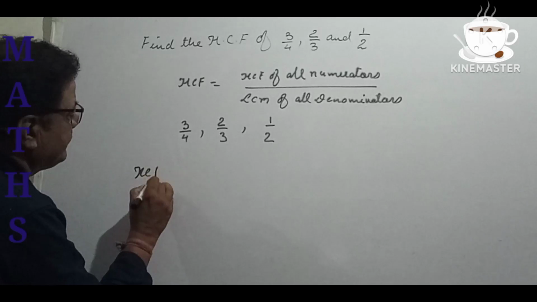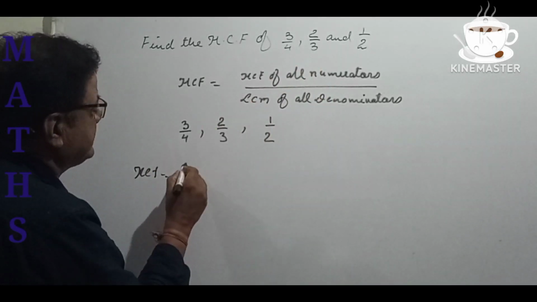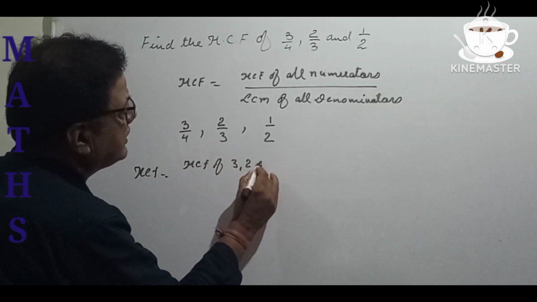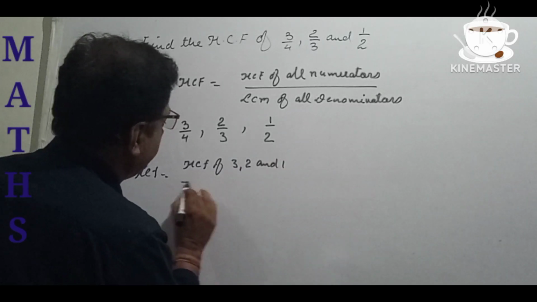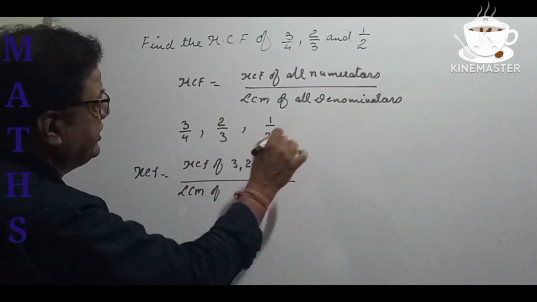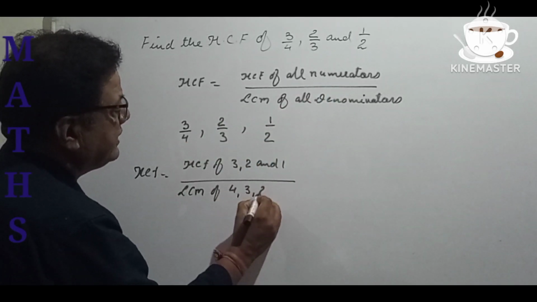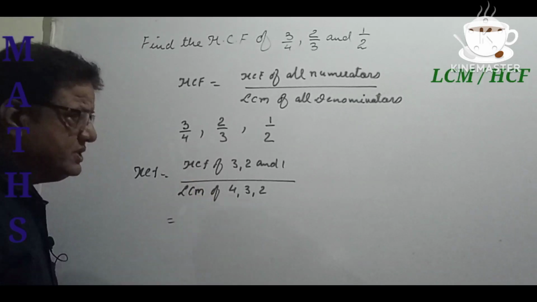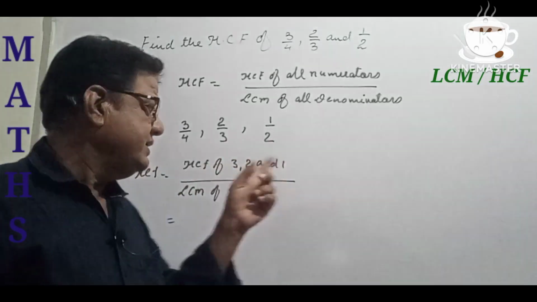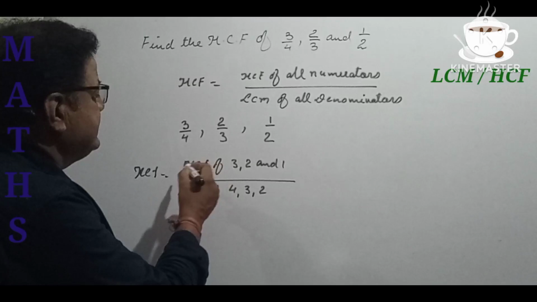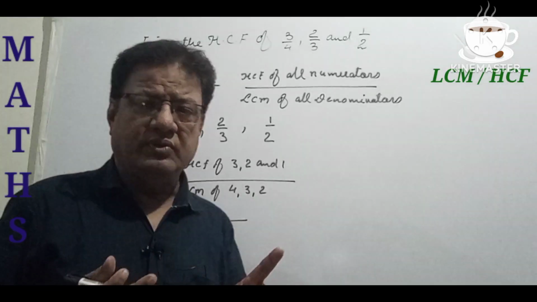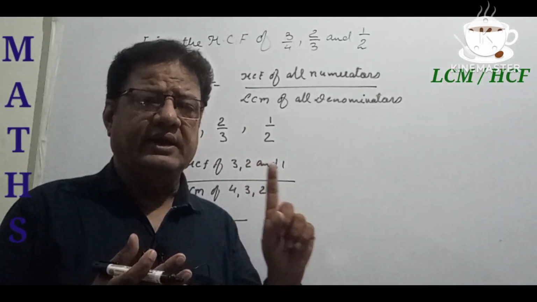To find the SCF, we will take the SCF of all numerators, SCF of 3, 2 and 1, upon LCM of all denominators, 4, 3 and 2. We know that the highest common factor of 3, 2 and 1 is 1, which can divide all three of them. Then we can say the SCF of 3, 2 and 1 is 1, and upon the LCM of 4, 3 and 2.